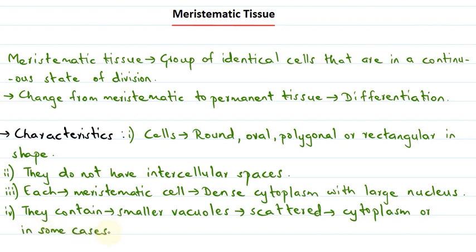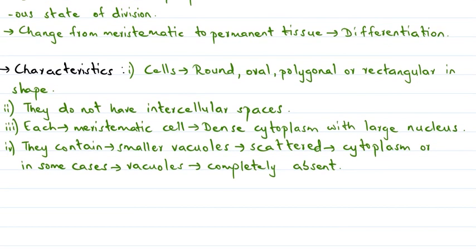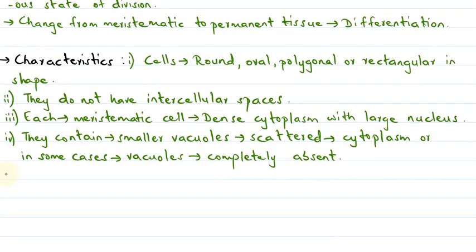So either these small vacuoles are scattered throughout the cytoplasm or they are completely absent in some cases.